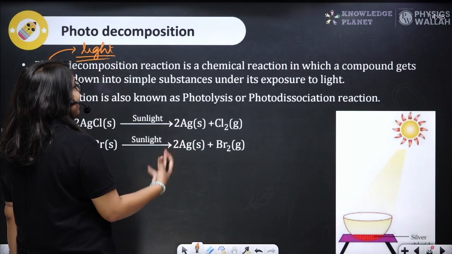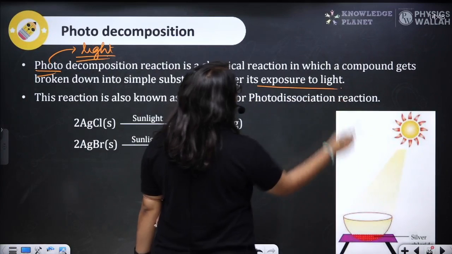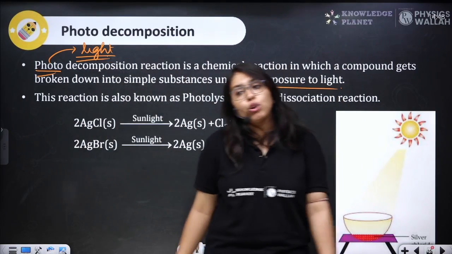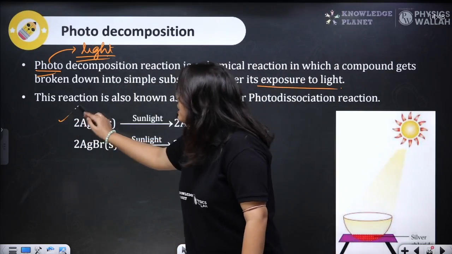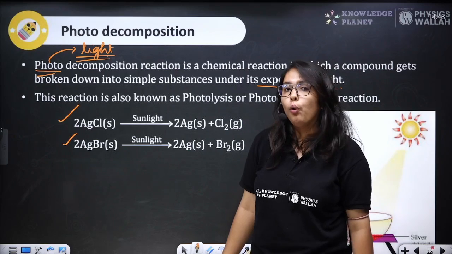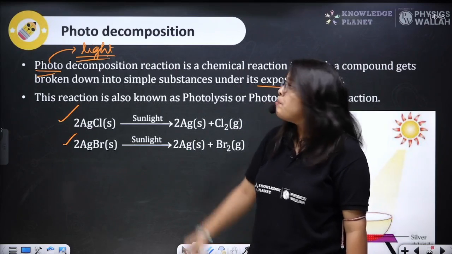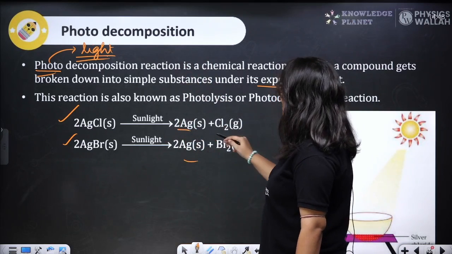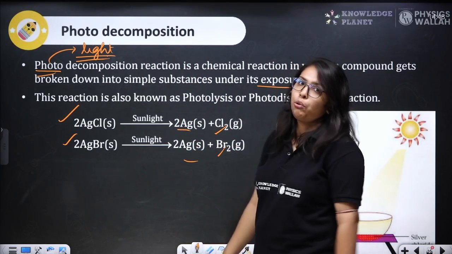Okay, sunlight. When you're exposing a compound to light and it is capable to undergo decomposition, it is known as photo decomposition. And AgCl, that is silver chloride, and silver bromide are capable to undergo photo decomposition and give rise to silver and their respective gases, which is chlorine and bromine.